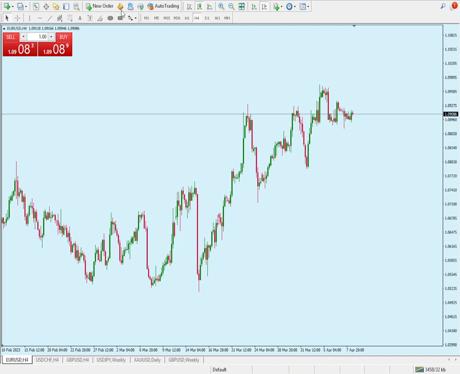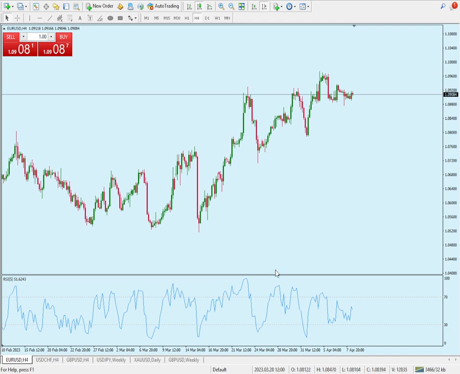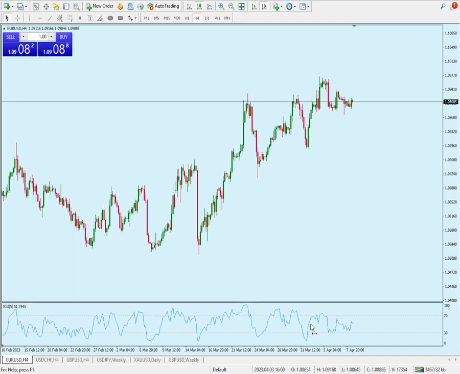Let's add RSI, relative strength index, and I am using period 5, remember, and levels 20 and 80.